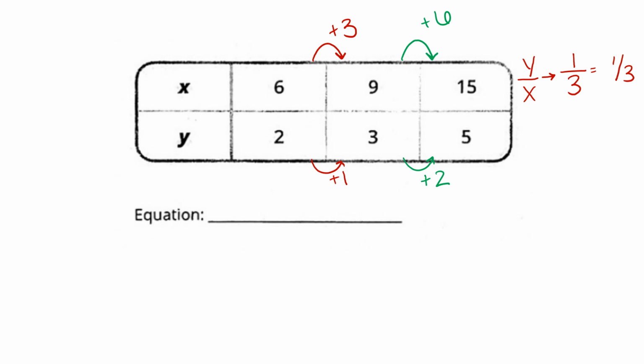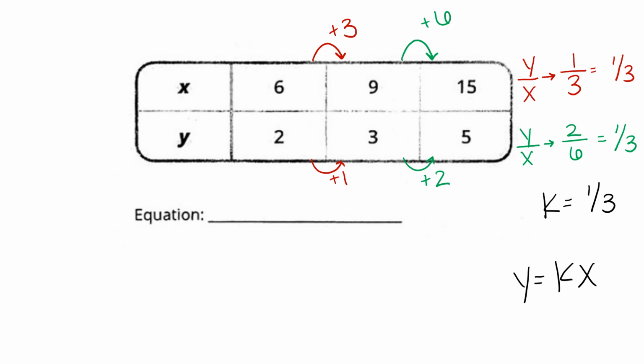The second fraction, again y over x, our y value is a positive 2, our x value is a positive 6, which again simplifies into 1/3. And so we know that our k value, the constant of proportionality, is 1/3, and we plug it into our equation y equals kx. 1/3 is the number they have in common, so y equals 1/3 x is our final solution.